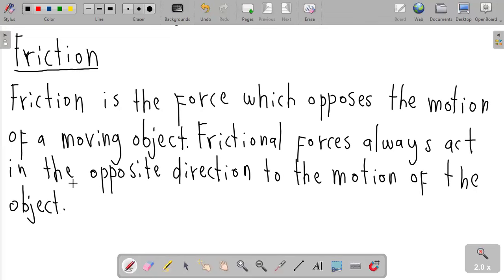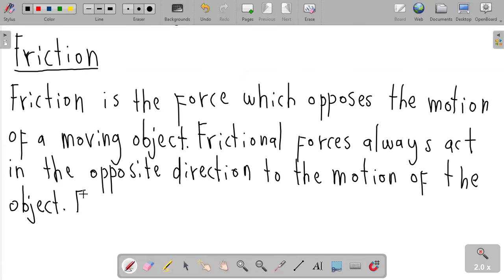So it always acts in the opposite direction here. You can say the motion, or you can say the movement. The synonym of motion is movement, of the object.